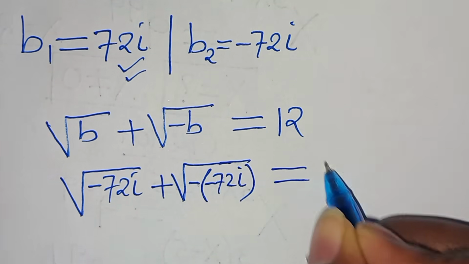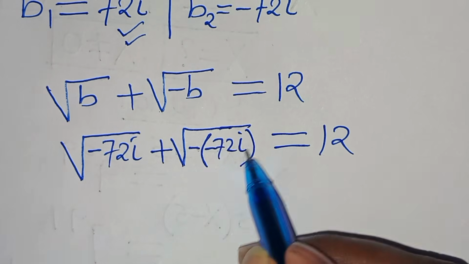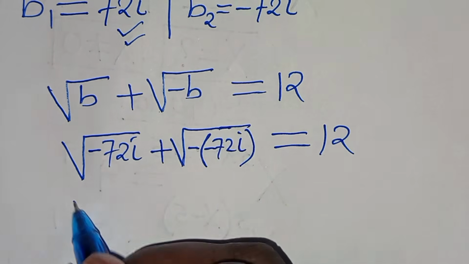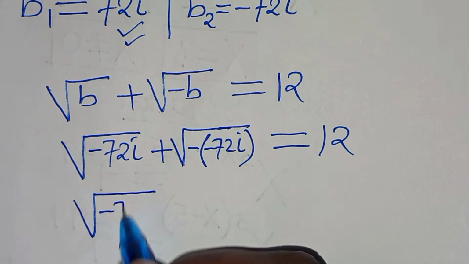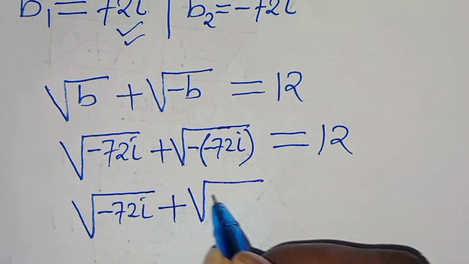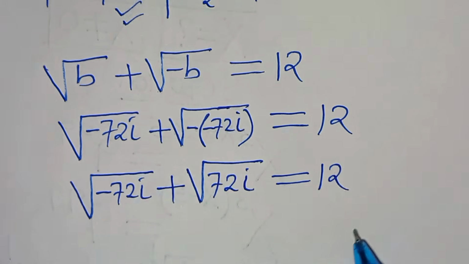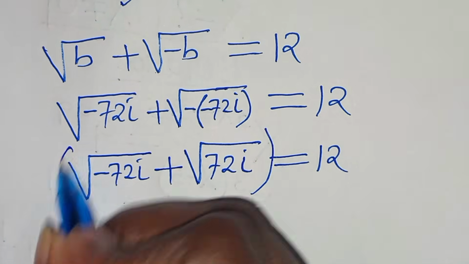This is equal to 12. So here we have minus times minus 72i. This becomes positive. So we have the square root of minus 72i plus the square root of 72i. This is equal to 12. So let's square both sides from here.